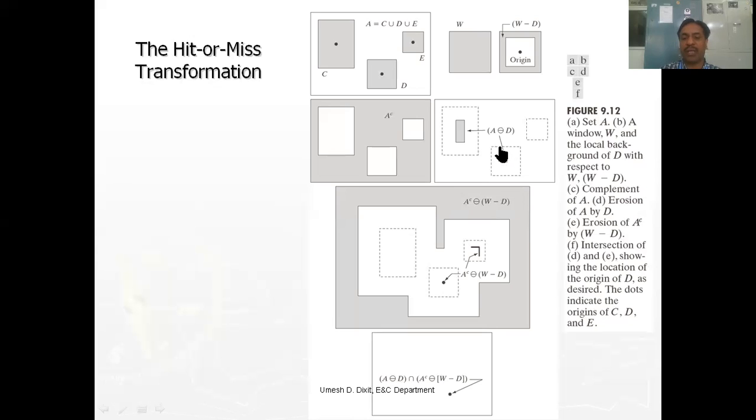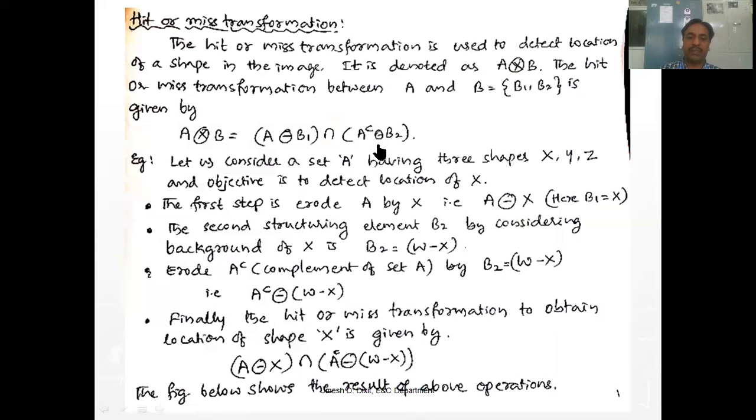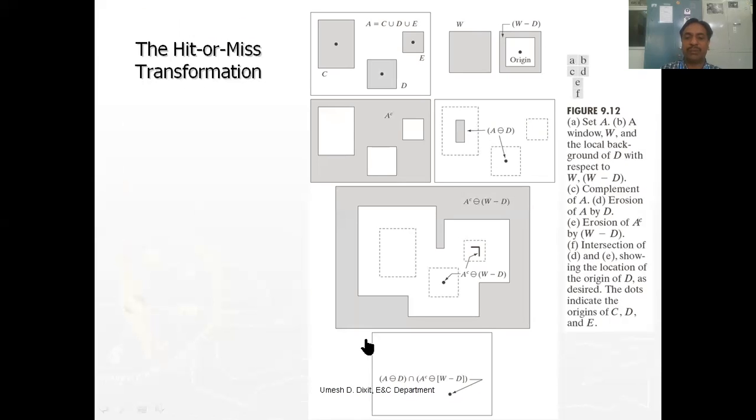Finally, we take the intersection between the erosion of A by B1 and the erosion of the complement of A with B2. If you observe, we can find the location of object D. Only the center point of object D is indicated by a small dot after completing the entire operation.